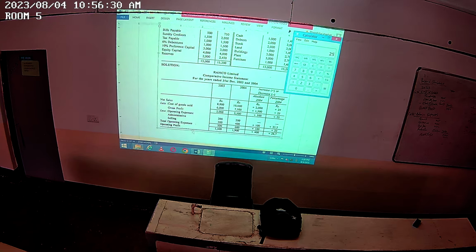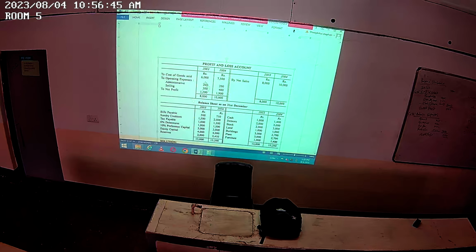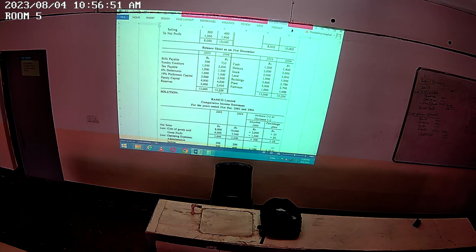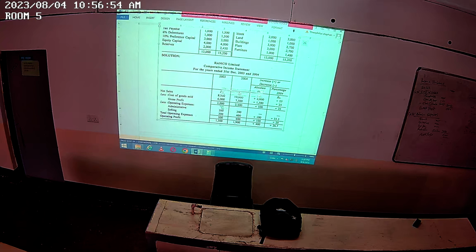Now if you go to cost of sales, we're saying we need to reduce our cost of sales. The question is, what were cost of sales in 2004 and 2003? Here we have 6,000 and 7,500. There is a difference of 1.5.